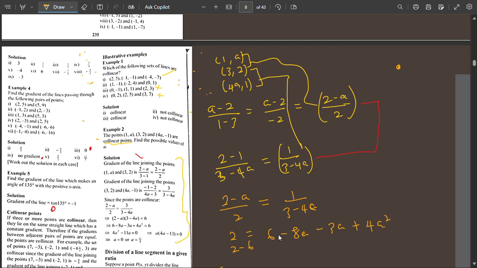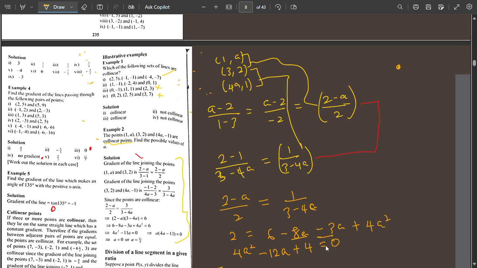Right, so let me take 2 to the other end so that I have 0 on one end. So I have 4a squared. This and this sum up to minus 12a. Then this goes there, so we have plus 4 is equal to 0.